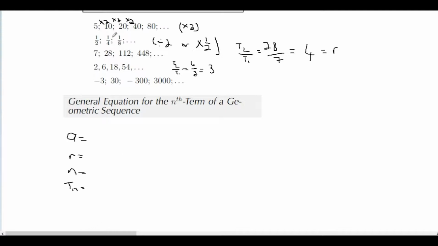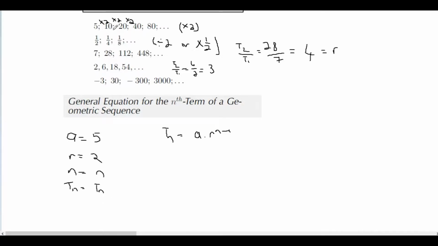Doing the first one again, our common ratio was 2. We see that a is 5, common ratio is 2, n stays the same, tn stays the same. Just as before, our tn value has a general formula, which starts again with a, multiplied by r to the n minus 1. This is our general form.